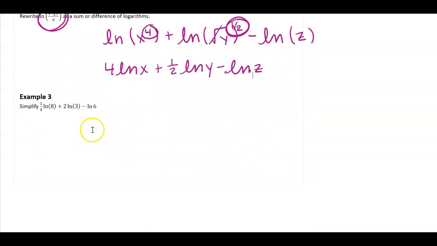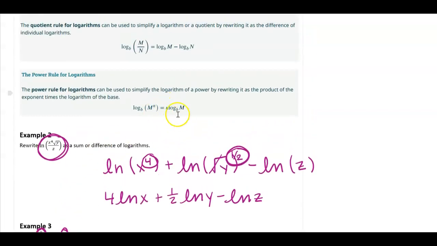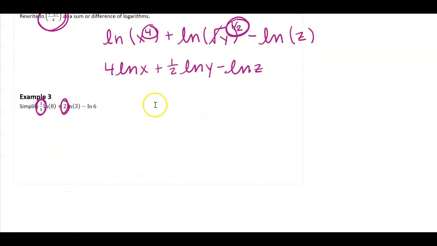Example 3 wants me to go the other way. So now I'm going to notice I have these powers that are written as coefficients, but I'm going to do the opposite of this rule here, and I'm going to take those n powers up here inside the argument.